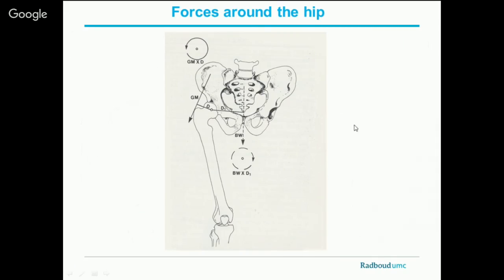Okay, the last bit of this presentation is about forces around the hip, because we are biomechanical engineers. And I thought this is very simple, but I think it's still interesting. So if you see this hip joint and your weight is applied here, it will rotate around the hip center and it will collapse immediately if your muscles would not pull it back.